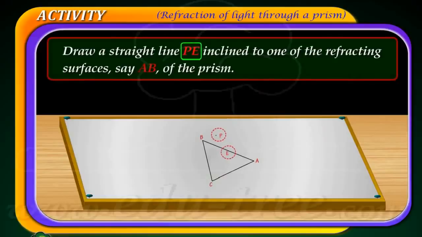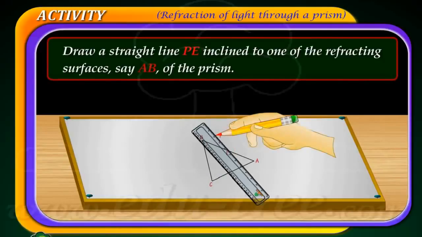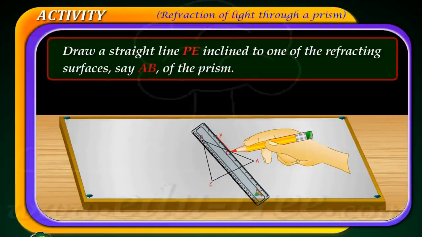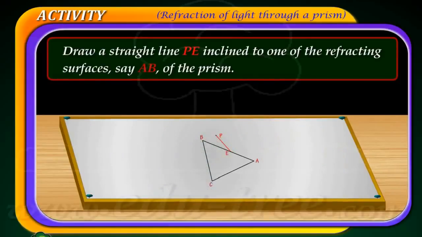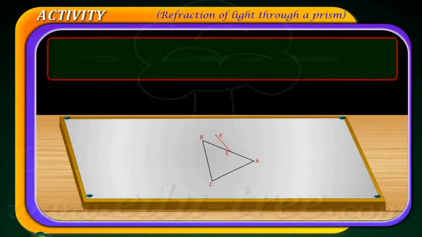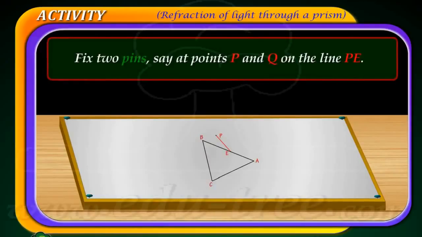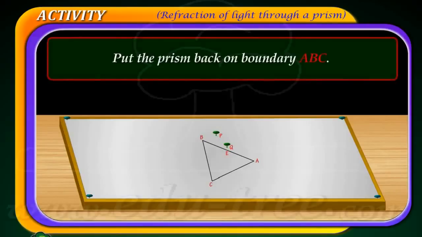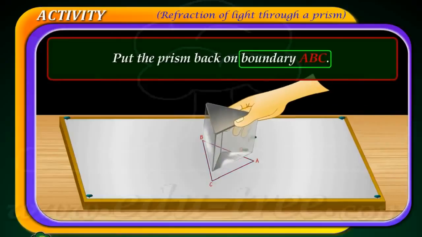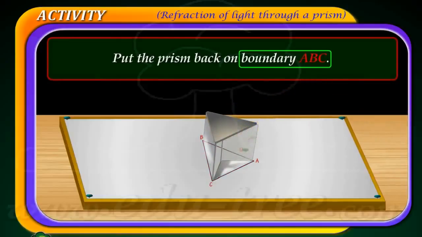Draw a straight line PE inclined to one of the refracting surfaces, say AB, of the prism. Fix two pins, say at points P and Q, on the line PE. Put the prism back on boundary ABC.